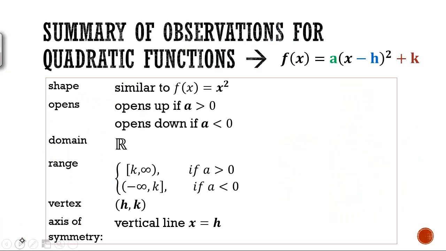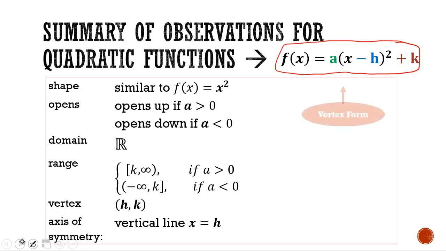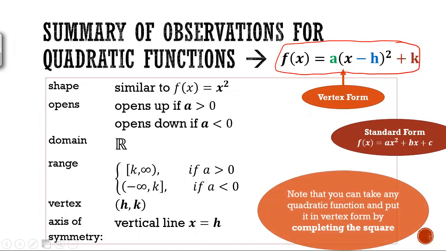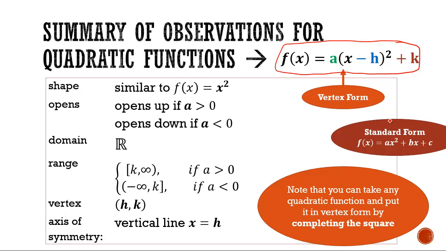So here's a summary of observations that we have made for the vertex form. Now, this is vertex form, standard form is like that. Remember, you can complete the square to get from standard form into vertex form, where vertex form is super helpful. It's helpful because it tells us all this information.